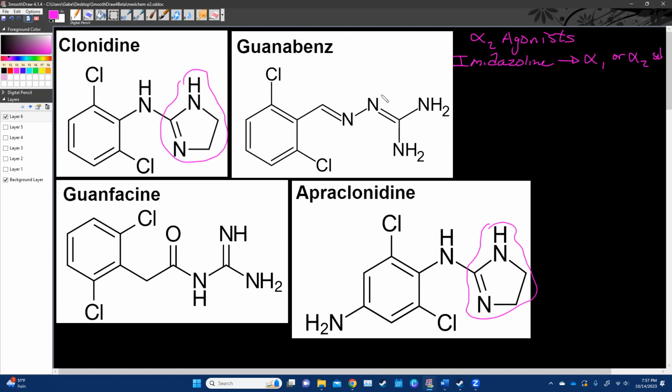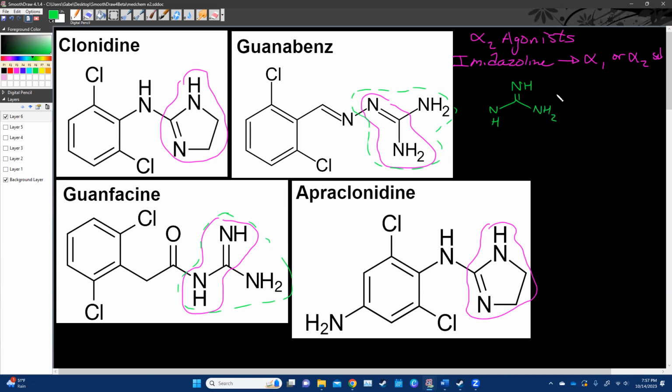But what you notice is that we still have this same sort of arrangement of nitrogens in guanfacine and guanabenz. So even though it's not strictly locked in this ring, this functional group, all three of these carbons, all three of these nitrogens, is called the guanidine group.